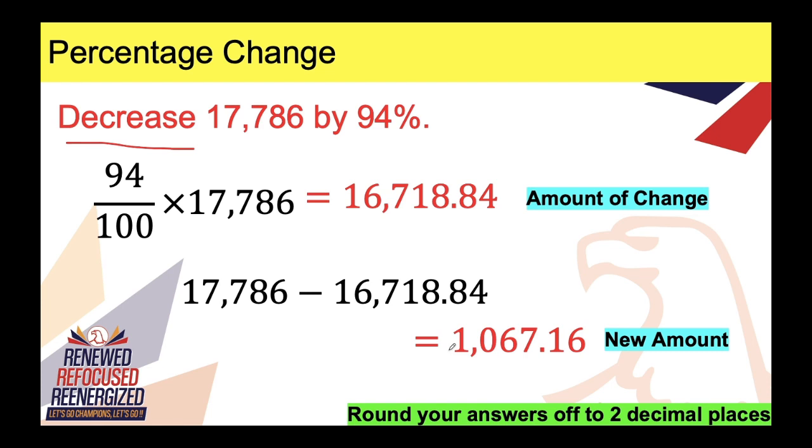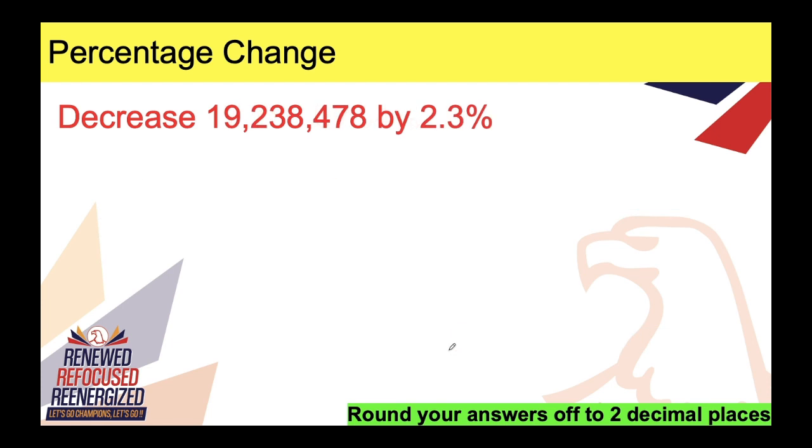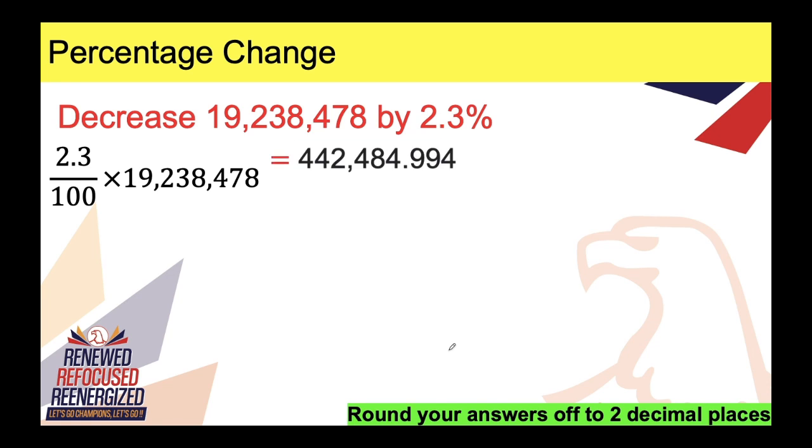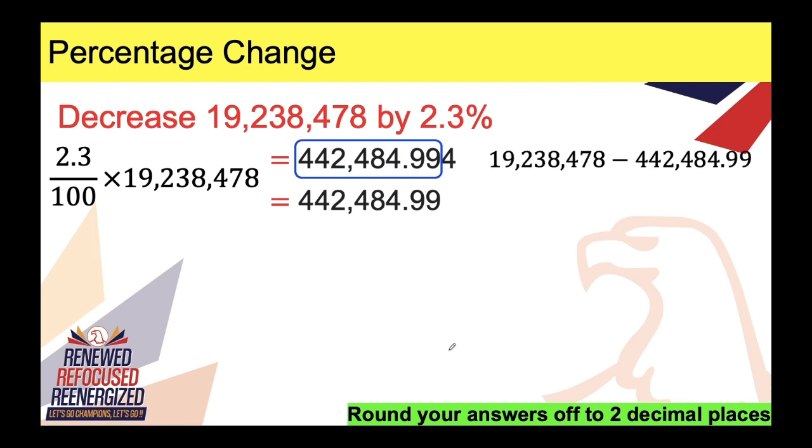Okay? This time, try the following on your own. Pause this video and try this on. All right. Use your calculators, please. Two decimal places. Then you have this. So this is the amount of change, because this is 2.3% of this number.